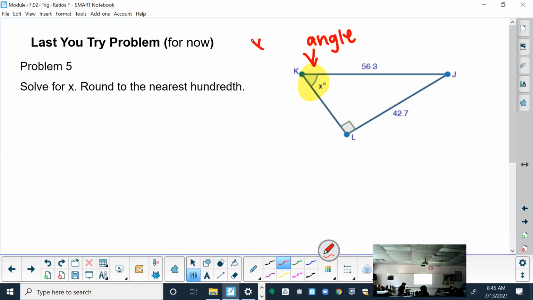So what does that mean? What function are we using? We're finding the missing angle. So basically what I'm asking is, am I going to have it be sine or sine to the negative 1?